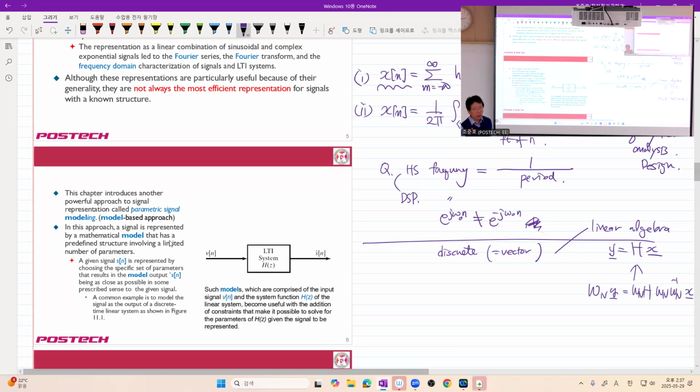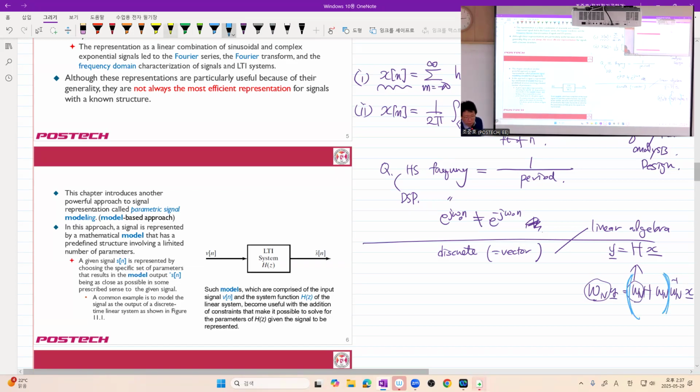So what you do is apply the DFT matrix to both sides, and you insert the DFT matrix times its inverse between H and x. Then what happens? You can group these three matrices.